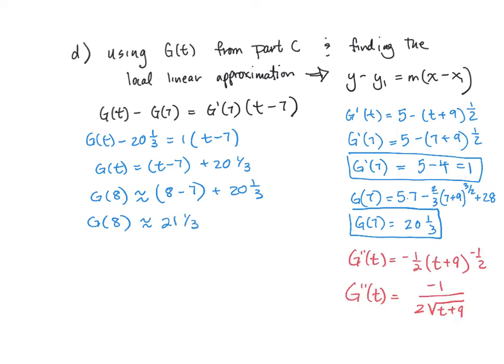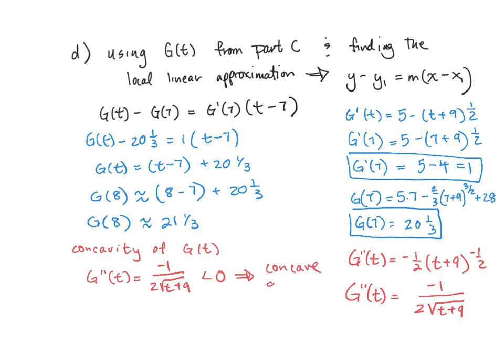Now we're also to find if this is an over or underestimate. So we're looking for concavity. On the far right, I've taken the second derivative. The second derivative of g of t is equal to -1 over 2 times the quantity t plus square root of t plus 9, which is always less than 0, which is going to tell us we're always concave down.